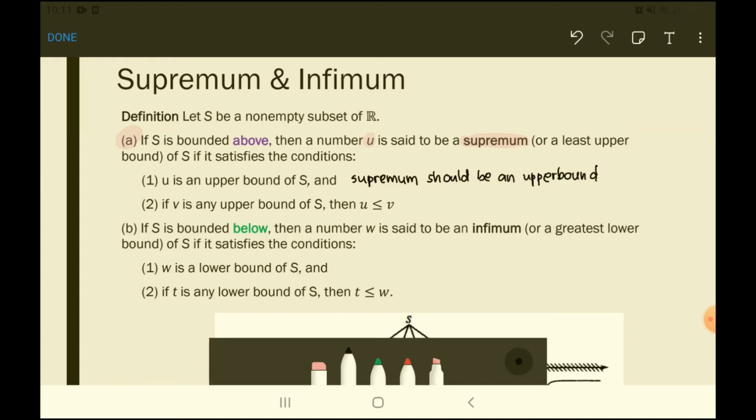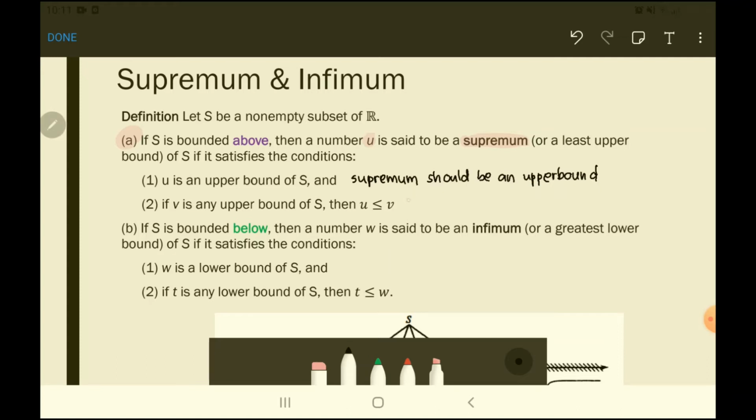And the second, after we know that u is an upper bound, u is a supremum if v is any upper bound of S, then u is smaller than or equal to v.